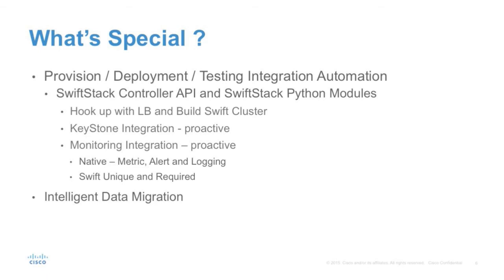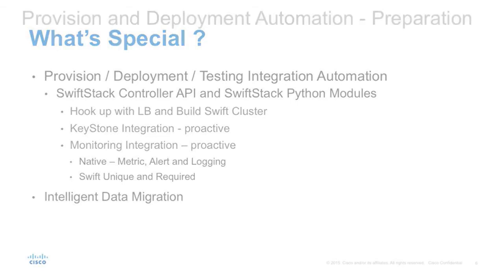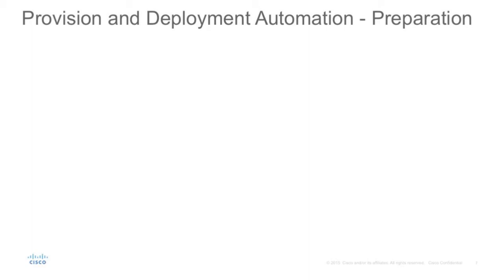So during the deployment, we can hook up with a load balancer, create a cluster, integrate with Keystone, and integrate with monitoring. Not only the fundamentals the OS needs to be monitored, like CPU and memory utilization, but also the Swift-unique daemons we want to monitor. Last is, of course, we are migrating from the Rails gateway to Swift, so we need migration tools for that. So this is the automation.